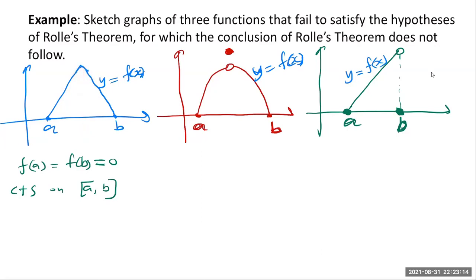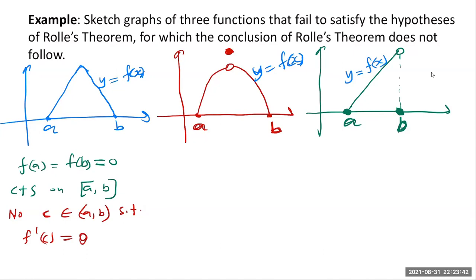As you can see, you cannot find a horizontal tangent to this graph, or you cannot find a point c in the open interval a comma b such that f prime of c is equal to 0.